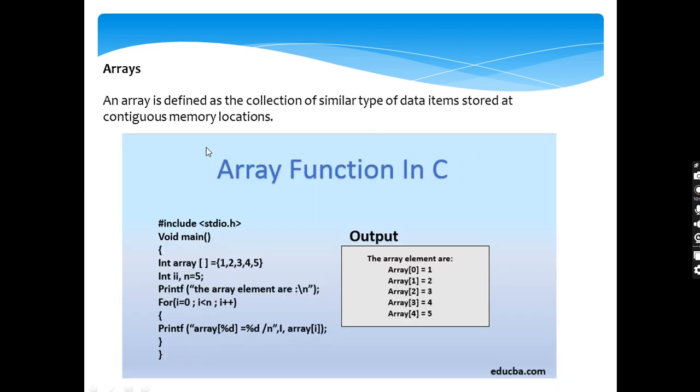Arrays. An array is defined as a collection of similar type of data items stored at contiguous memory locations. We can see here an int array is assigned 5 values, 1, 2, 3, 4, 5, and this program uses for int i equal to 0, printf the elements, for i less than n.